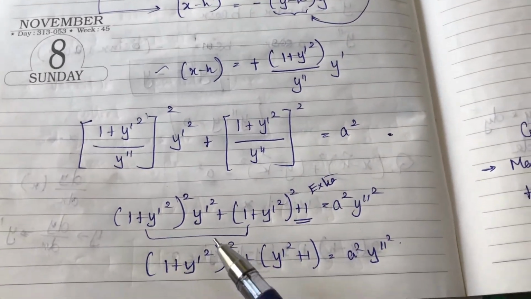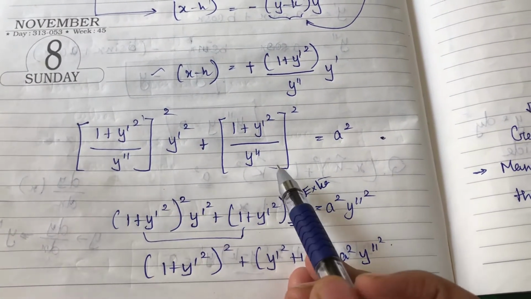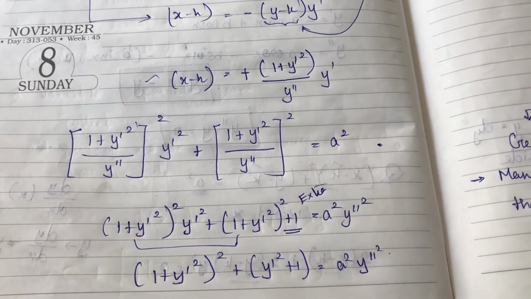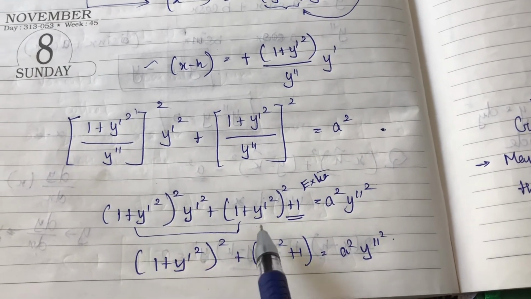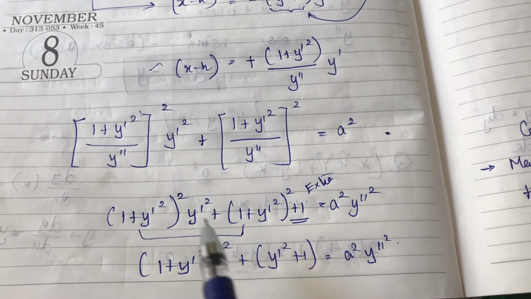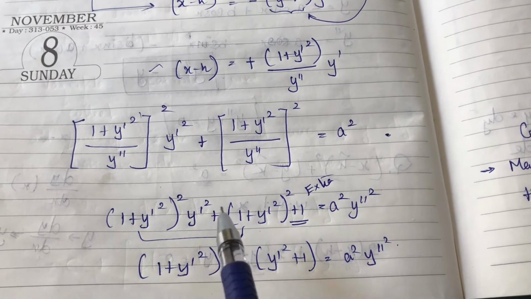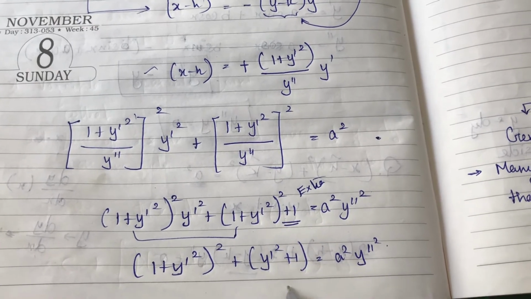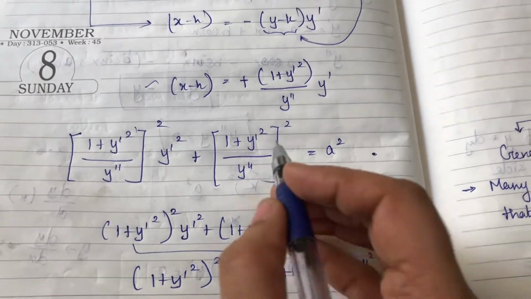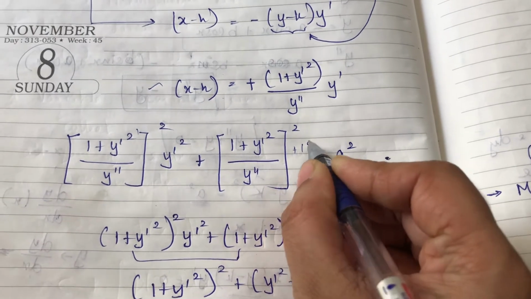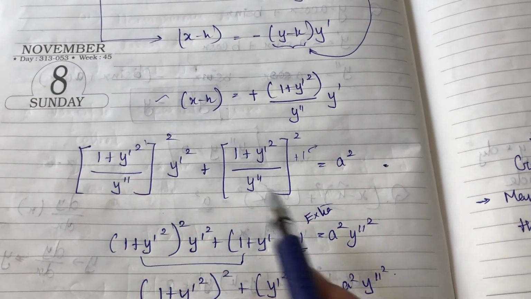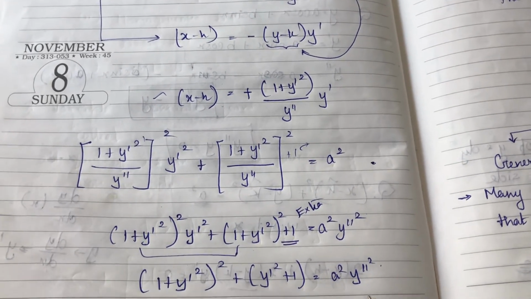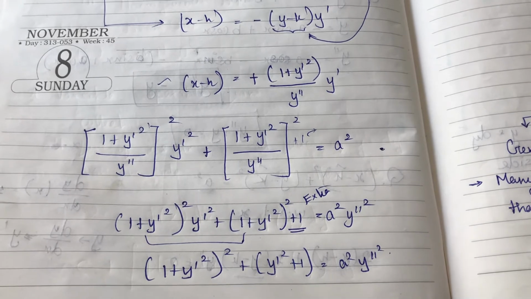After that, I am taking this y double dash here, so the fraction is gone. After that, you can see this term and this term are the same. So if these two terms are the same, I can write these two terms in a bracket. How does this come? I am putting plus 1 as extra here to bring this into a form. So I got the equation. This is the final equation.